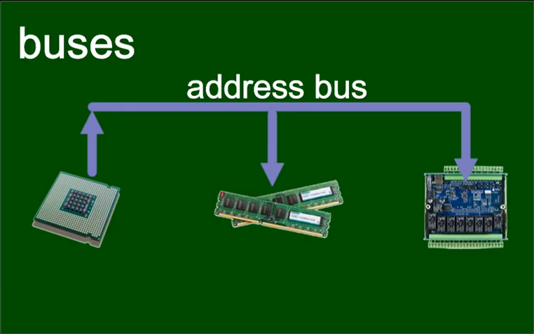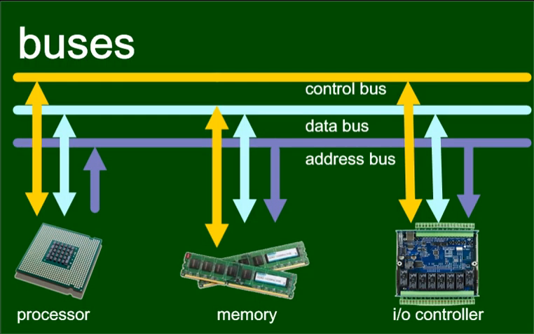Okay, so if we put all the three together, this is what we have, and then you should notice this is a common diagram that you see. So we've got the three buses, we've got the control bus here, we've got the data bus here, and we've got the address bus here. Just notice the directions of the arrows, okay, and that's the important thing that you've got to remember about this.